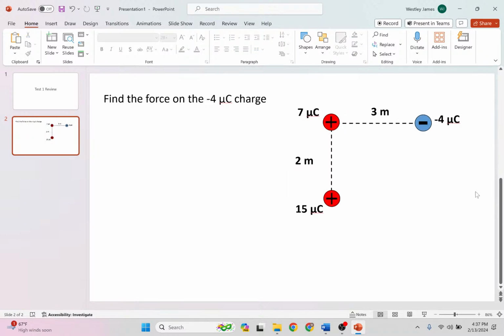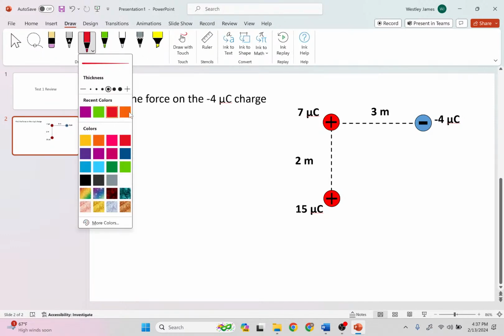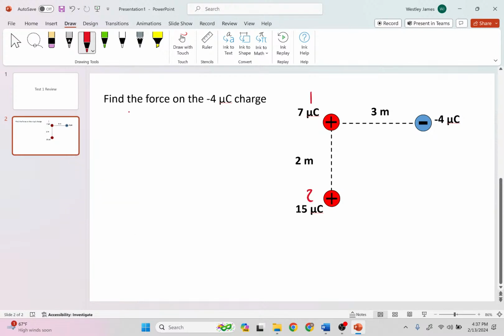So first step, draw the forces acting on it, kind of like a free body diagram. So the key to this is you break it into pieces. So we'll do, and let's just number these. We'll call that 1, 2, and 3. Make our lives a little easier notation-wise.